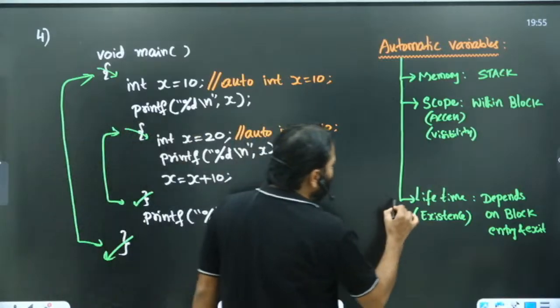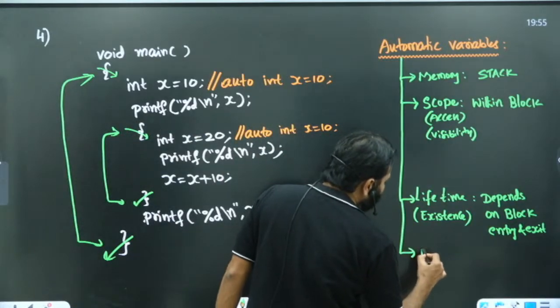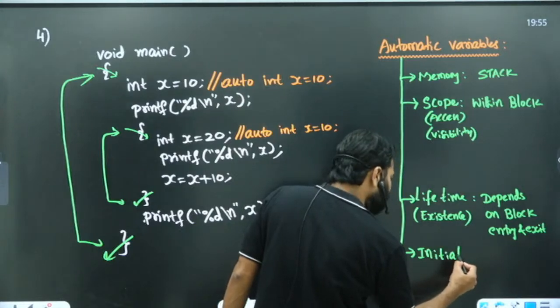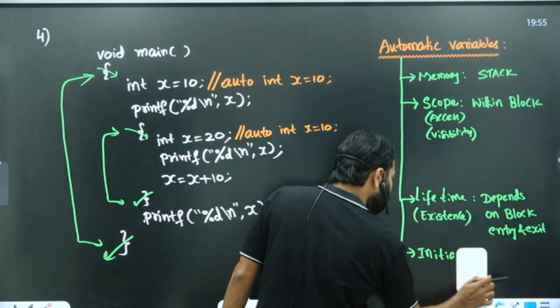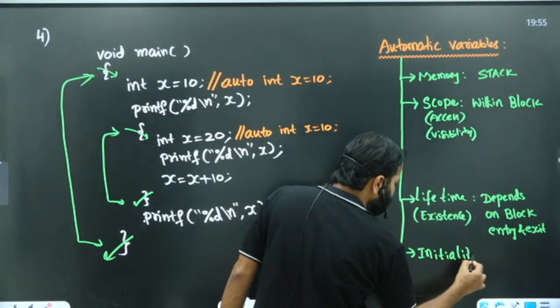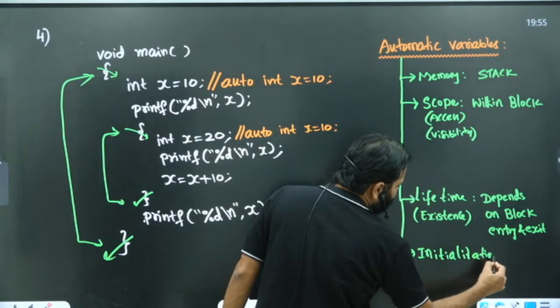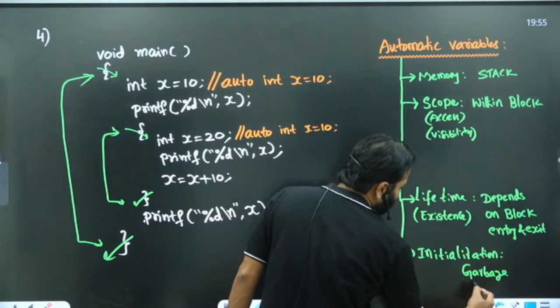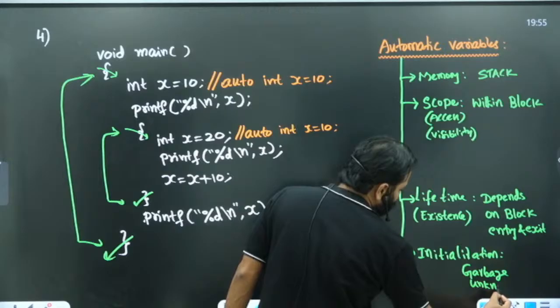If you don't initialize any value, the initial value is garbage. Garbage means unknown, random, that you don't know basically.